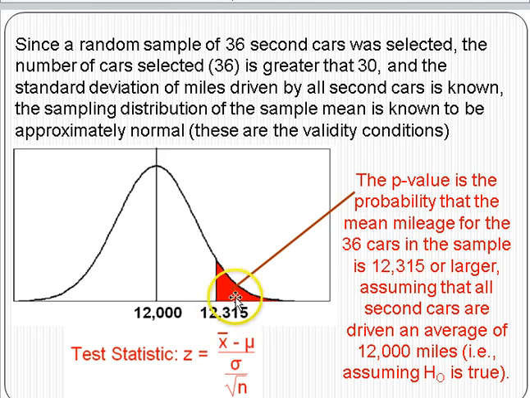Again, even more because we're looking for evidence that the number of miles driven by all second cars on average is greater than 12,000. So more extreme would be values that are 12,315 or even more, because those would be consistent with the alternative hypothesis.